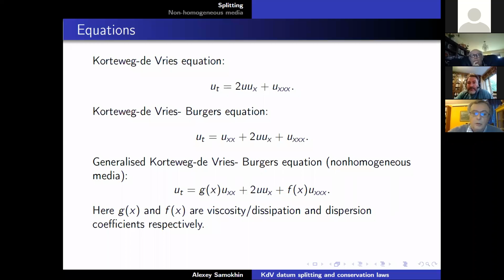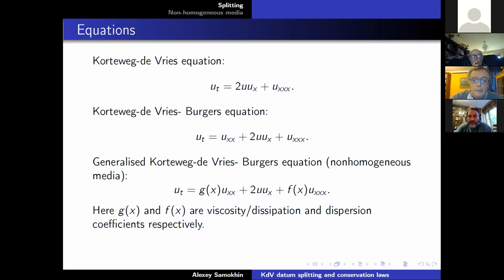Some usage of conservation laws in case of the equations shown here. Well, first of them is the well-known KdV equation, and the second is the well-known KdV Burgers equation.